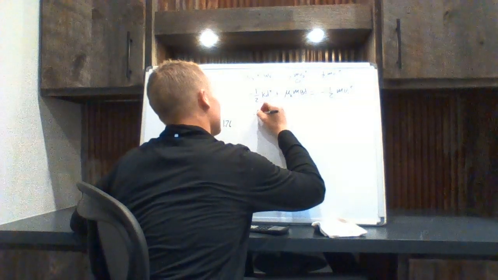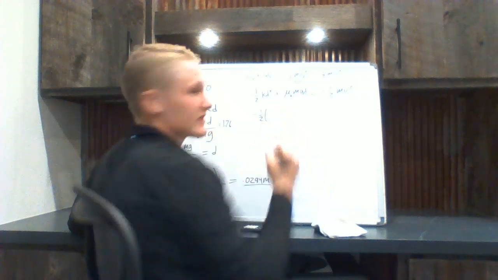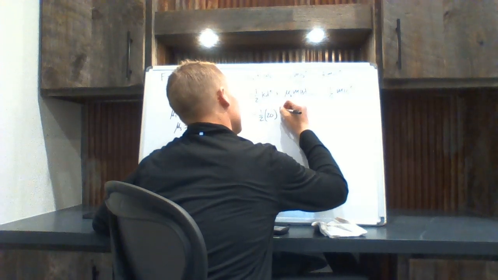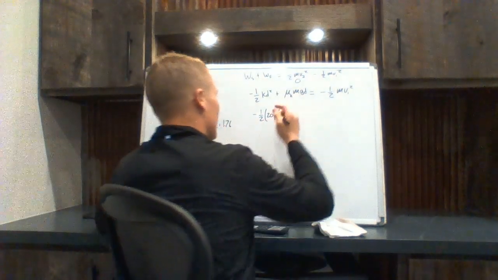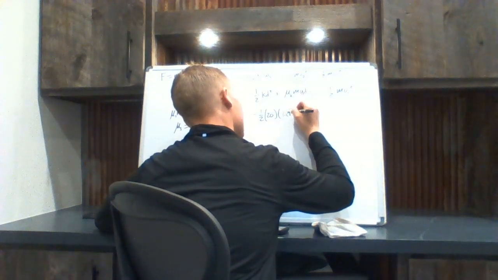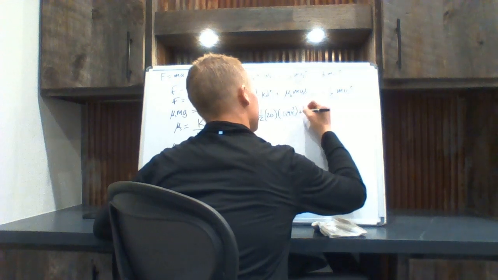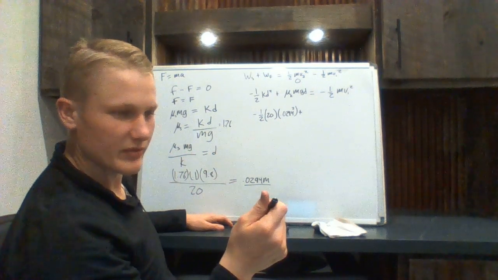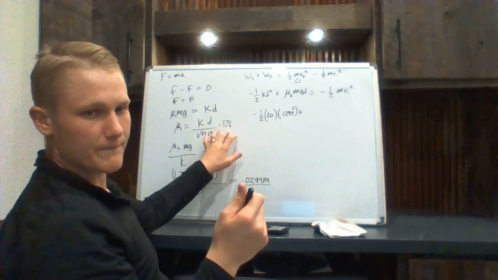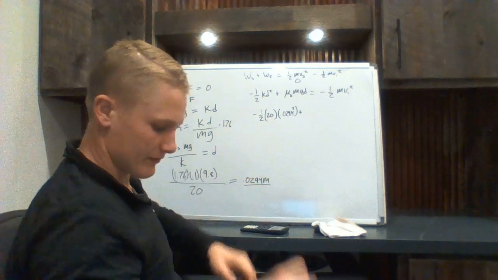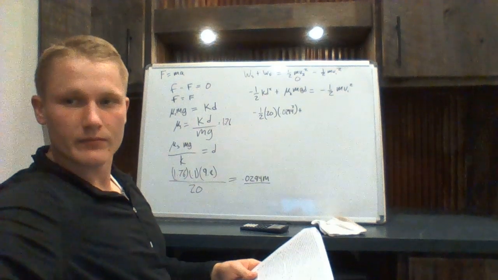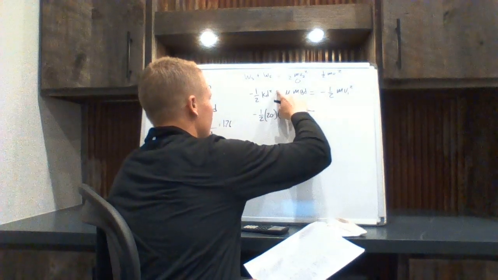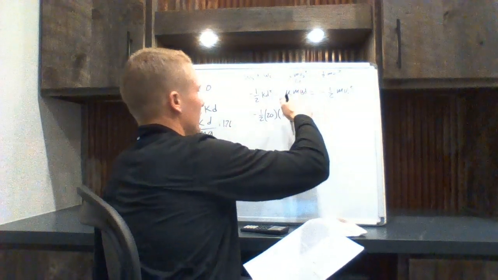So you have negative 1/2 times k, which is 20 newton meters, times d squared, which is our 0.0294 squared, plus your coefficient of kinetic friction, and this is actually negative for this.